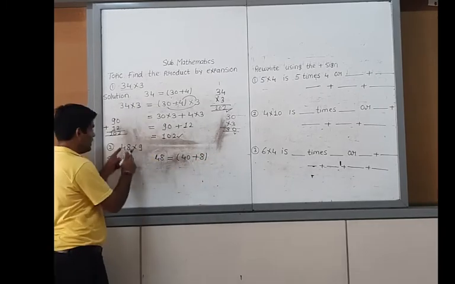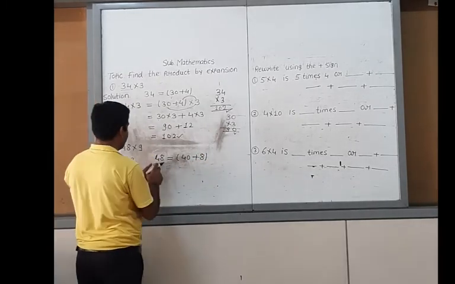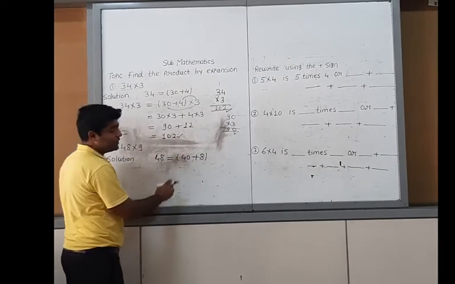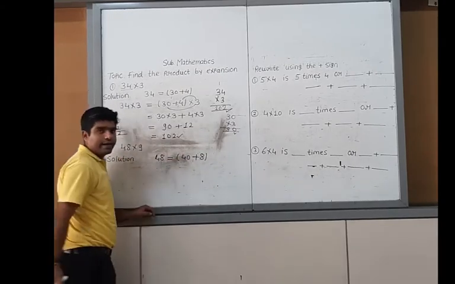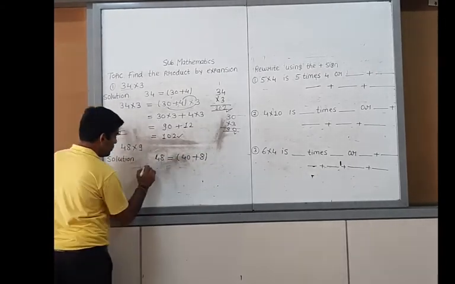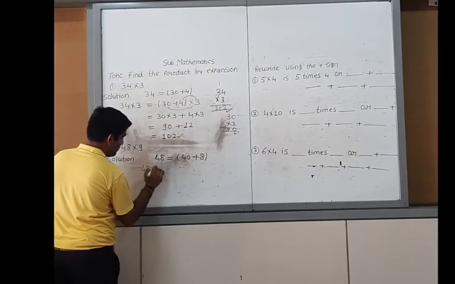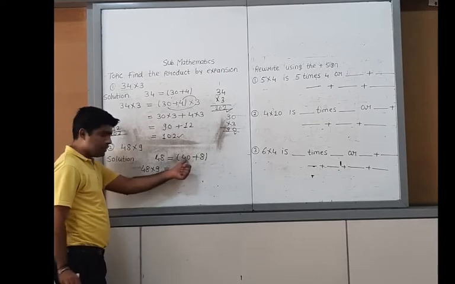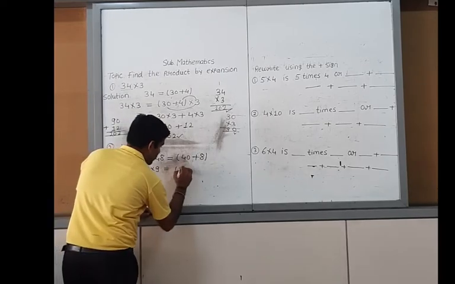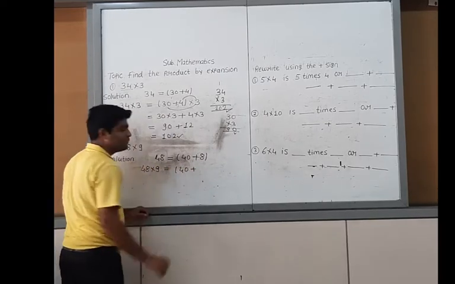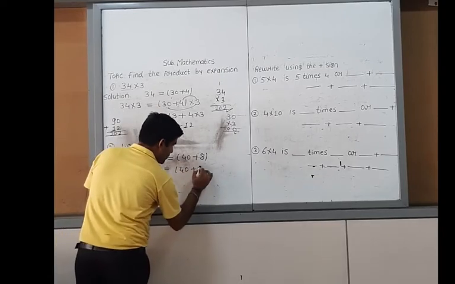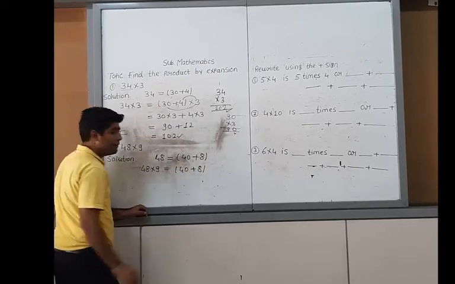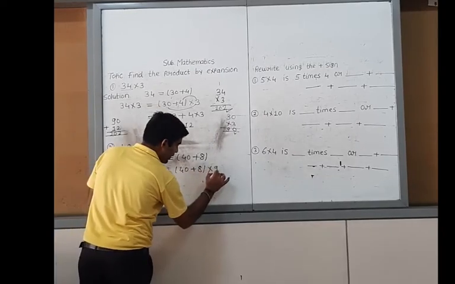Now we have to solve it. 48 multiplied by 9 is equal to 40 plus 8 multiplied by 9.